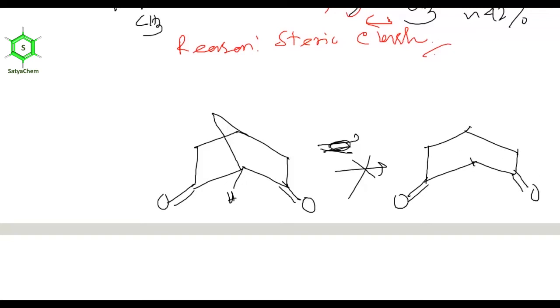Why? Because of the bridgehead double bond. This is the bridgehead position, and a bridgehead double bond is not possible. Because a double bond is planar, but these three atoms cannot be in a plane.